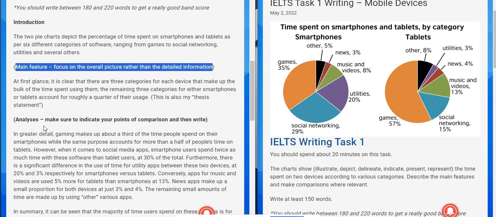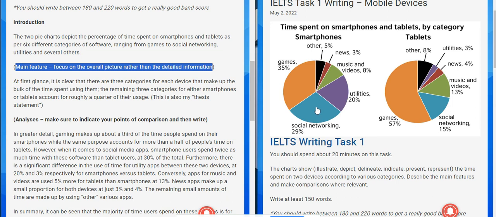Then, when analyzing them, make sure to indicate your point of comparison. First, look at the main thing, which is the highest percentage; write that and you will get more bands. Games is 35%, other is 5%, news is 3%, music and video is 8%, utility is 20%, social networking is 29%.